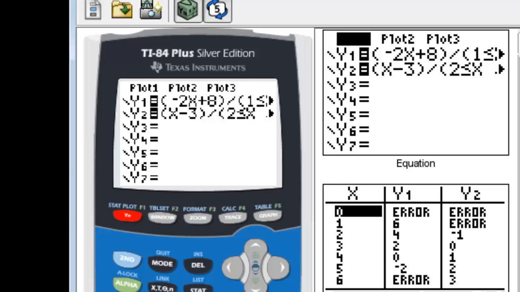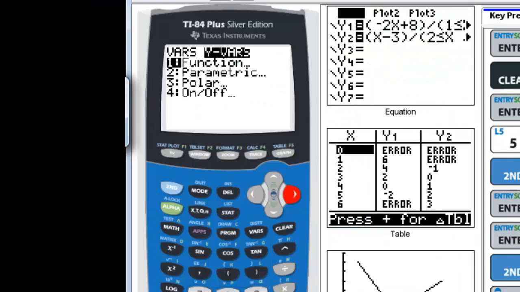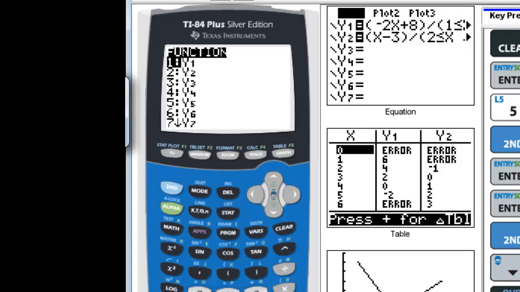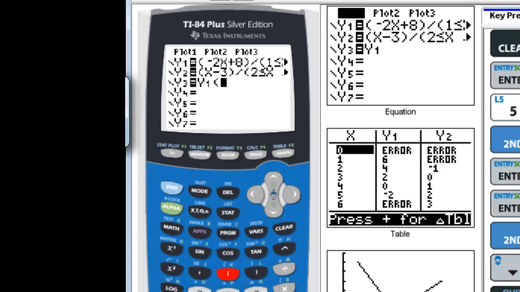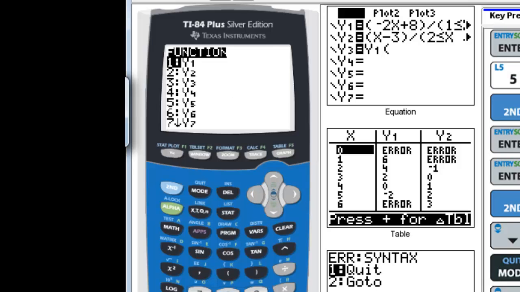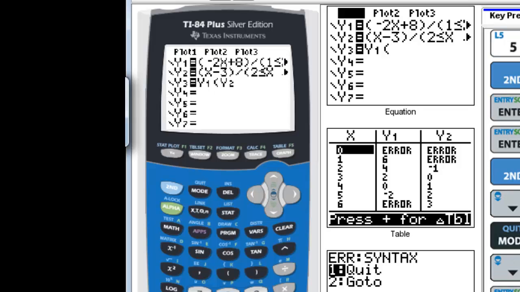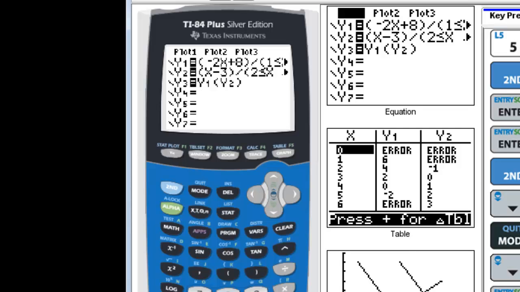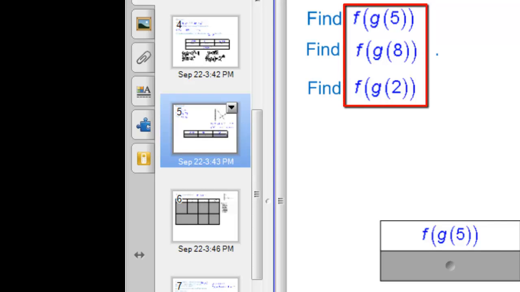So here, I'm going to take advantage of the function notation, and in y3, I'm going to ask for y1 of y2. Now if I go back to my home screen, I should be able to ask for y3 of these three values, 5, 8, and 2. So let's start with 5.